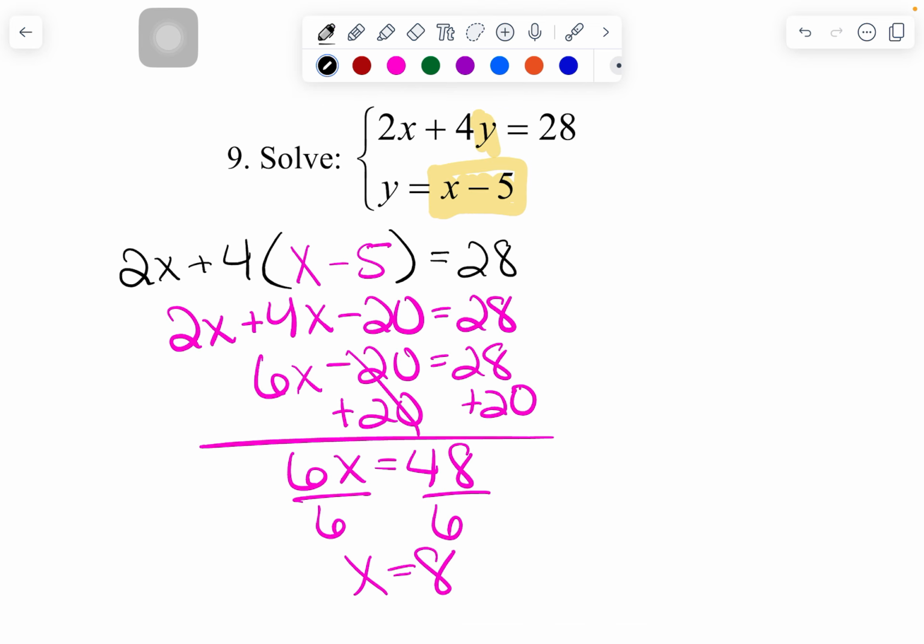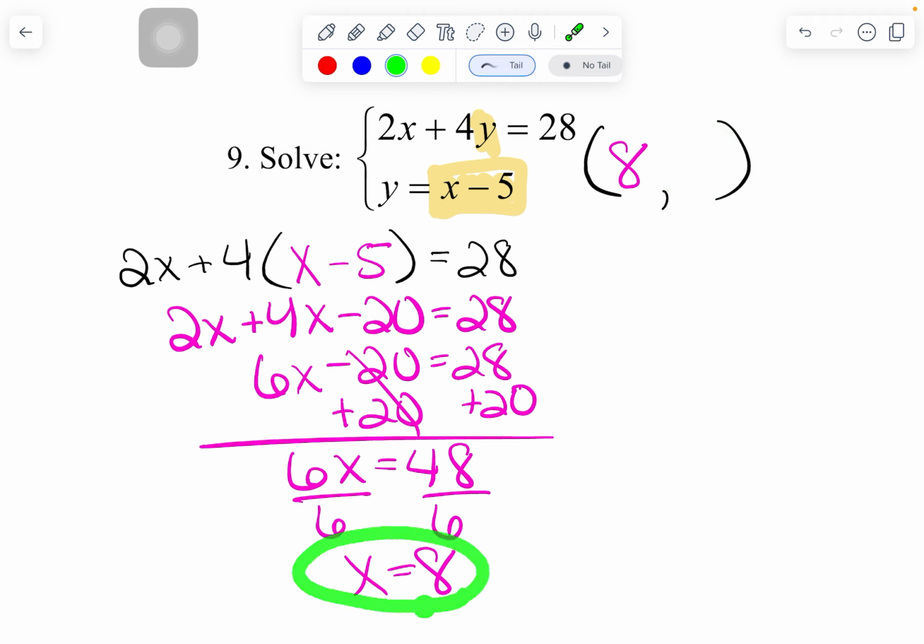So as an ordered pair here for my solution, I know x is equal to 8. Great, fine, dandy. Now I need to figure out what y is. So you're going to substitute again this value we just found for x into either of the two original equations. Which one? Doesn't matter.